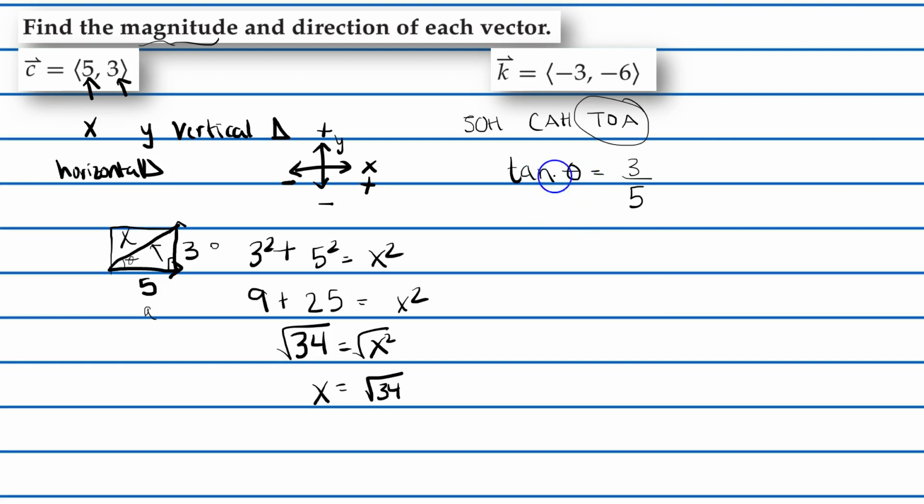All right. But remember, we want to get theta by itself. Think about it as boxing that theta. The only way to get rid of this tangent is by taking the inverse of tangent to both sides. Now that goes away. Then we have theta is equal to 31 degrees.